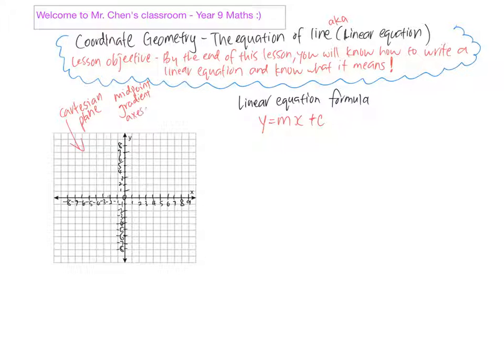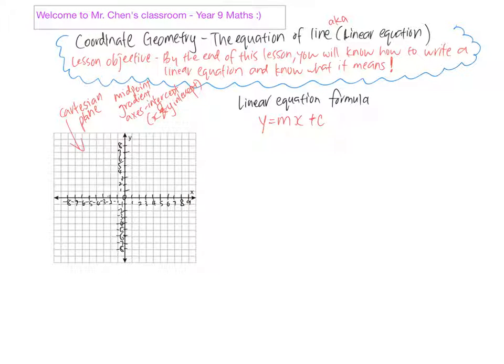And we also went through how to find the x-intercept and y-intercept. The x-intercept is the coordinate where the line passes through the x-axis, and the y-intercept is the coordinate where the line passes through the y-axis. So the linear equation formula uses all of that knowledge.